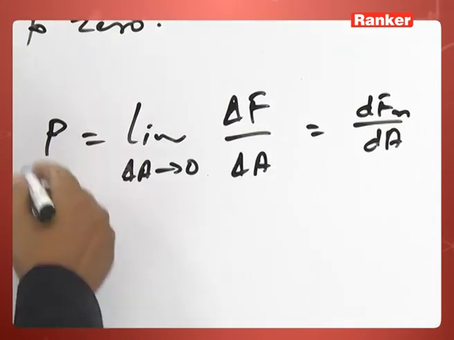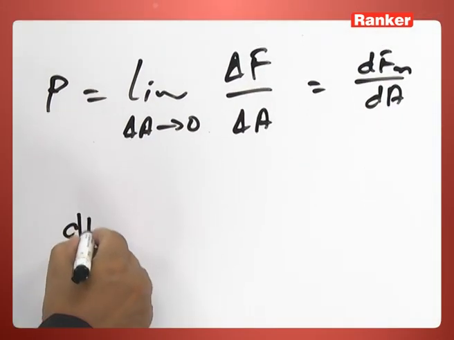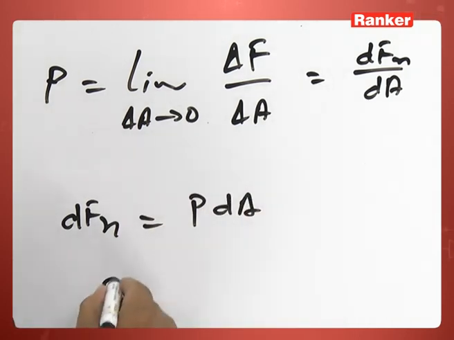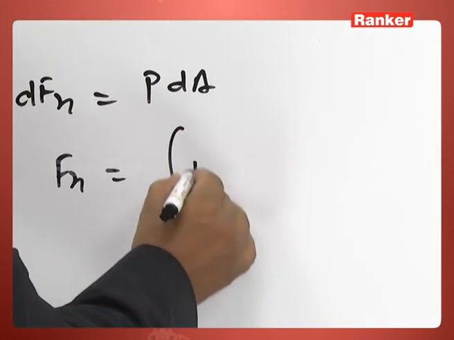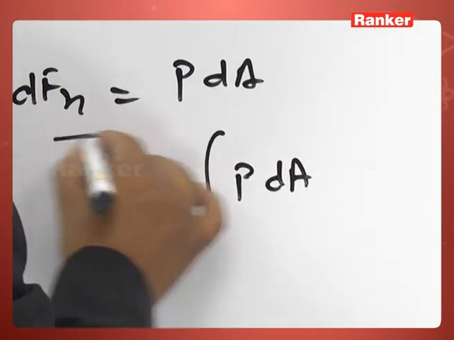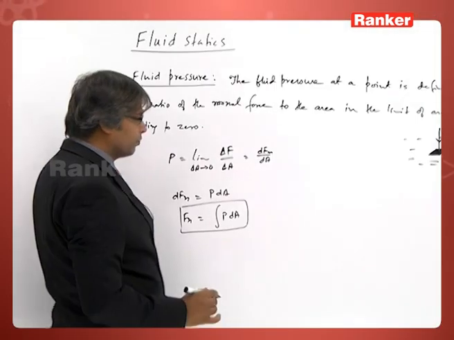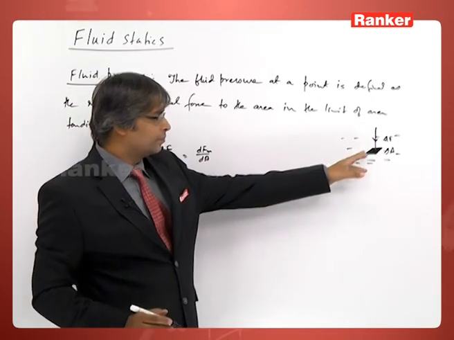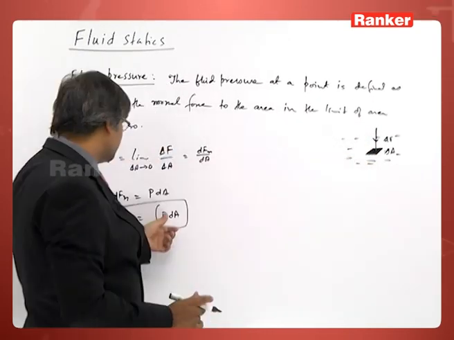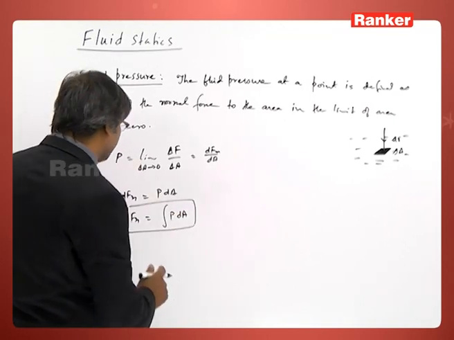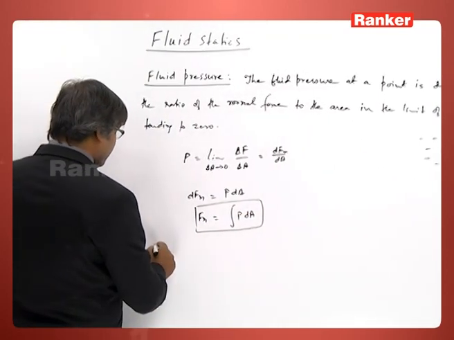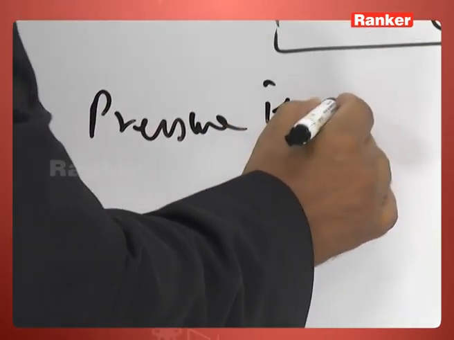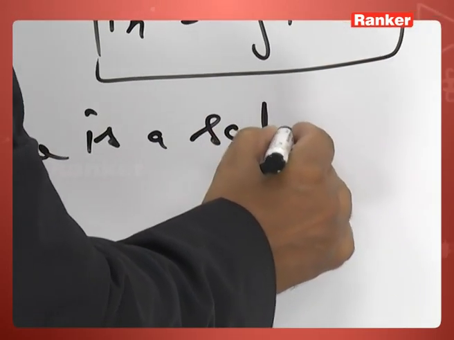Actually dF normal becomes P into dA, and so the total normal force becomes integral P dA. So, the total force will be the pressure into the total area. Suppose the pressure is constant, then P will be there and that will be multiplied by the area. So, you see pressure is a scalar quantity.